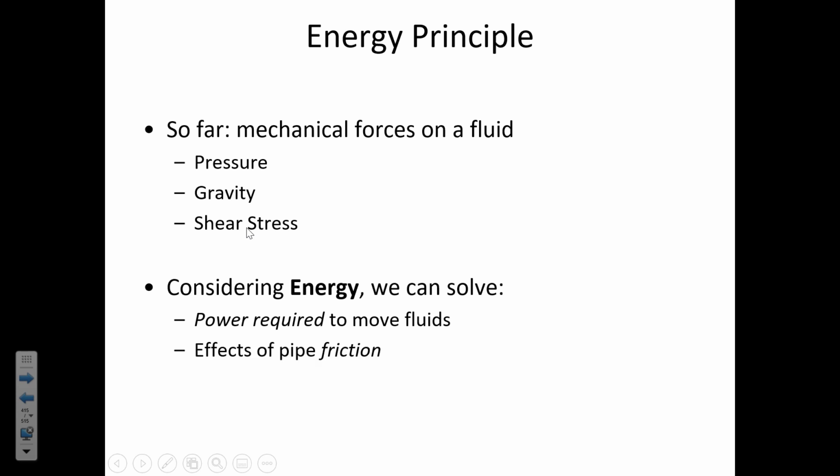The effect of pipe friction can finally be addressed, and we can move away from some of the pesky assumptions that weren't very realistic with Bernoulli's equation, and we can use the energy equation to calculate what's the flow rate when water's moving through a pipe and is being driven by some pressure differential.